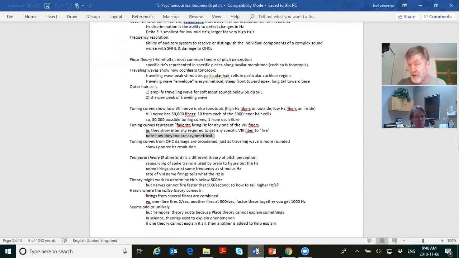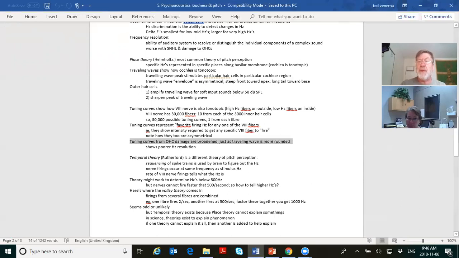Hearing and vision. Again, vision, conductive vision loss. Hearing, sensory neural hearing loss. So really what you're getting is, if we say tuning curves from outer hair cell damage are broadened, just as the traveling wave is more rounded, it shows poorer frequency resolution.